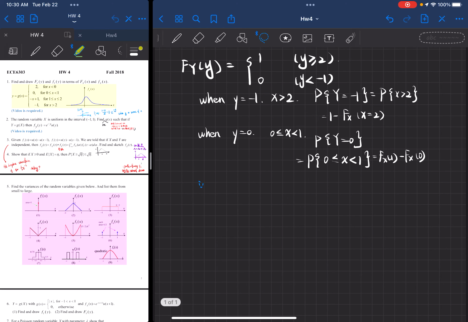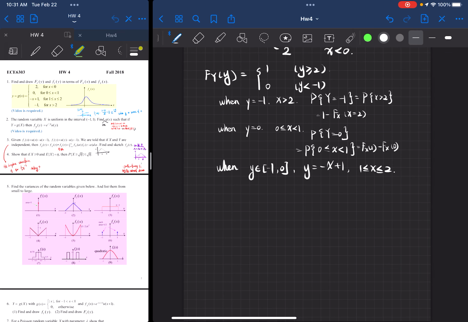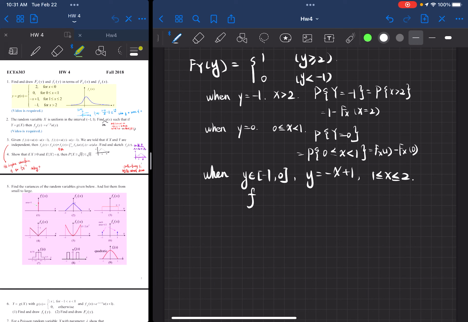And the next case is when y is from minus 1 to 0. In this case y equals negative x plus 1 and x is from 1 to 2. Here we can apply the fundamental theorem to calculate the density function of y. And here is the formula.